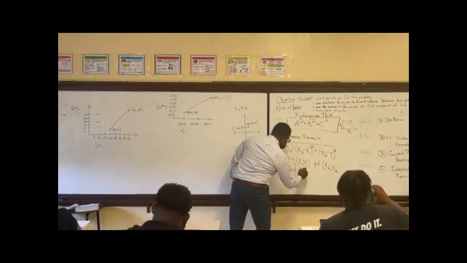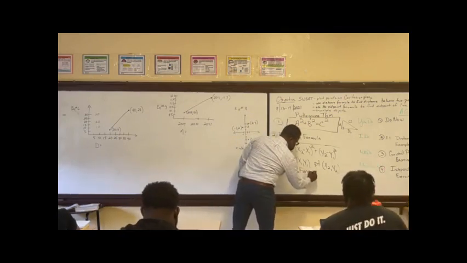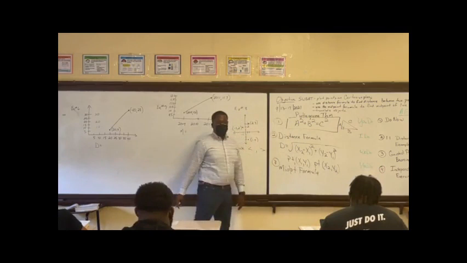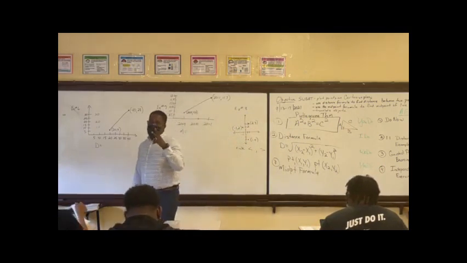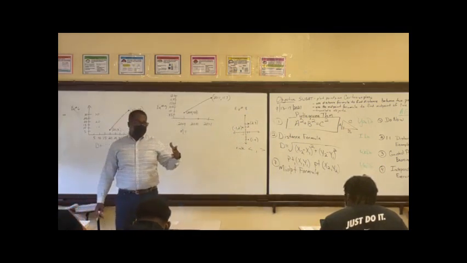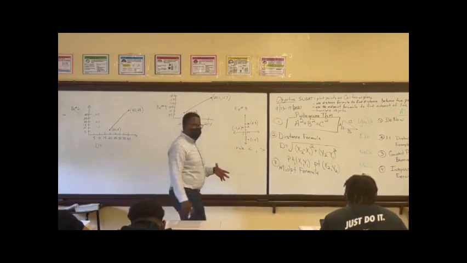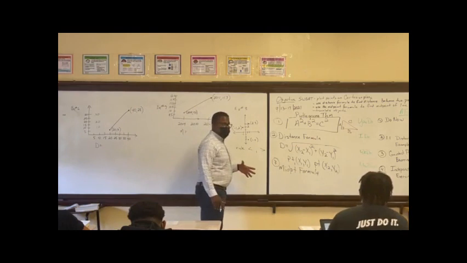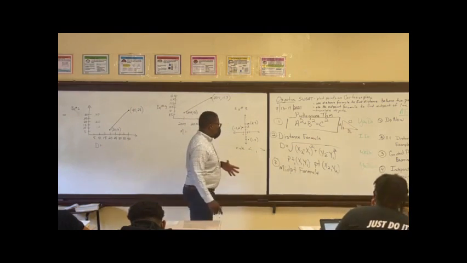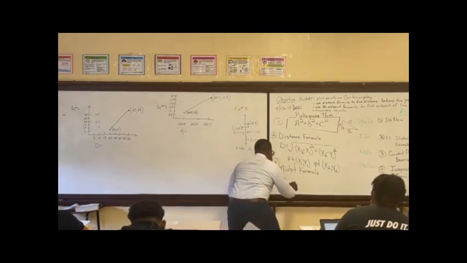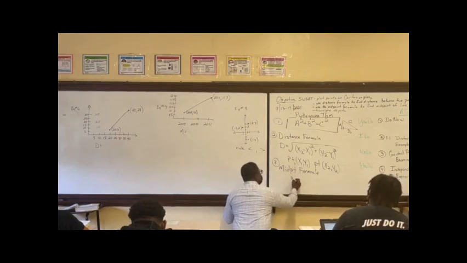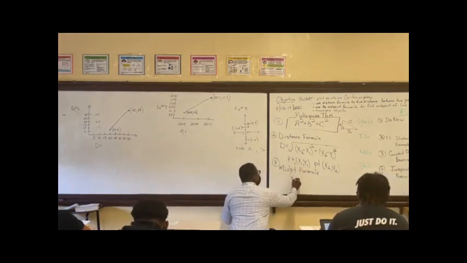Can anybody give me the midpoint formula? What if I want to find the midpoint between 2 points? How would I do it? Right, it's like the opposite of that with an addition sign. Yes, kind of, it's always the opposite.